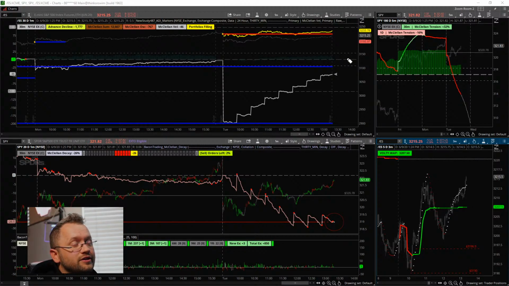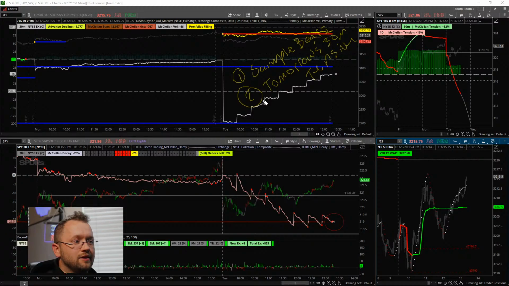The whole goal here is just to sum this up: one, sample bears, and two, tomorrow's 30-minute tension. Those are the two things that we're looking at. And you have to sort of think, how can the bears make this work?